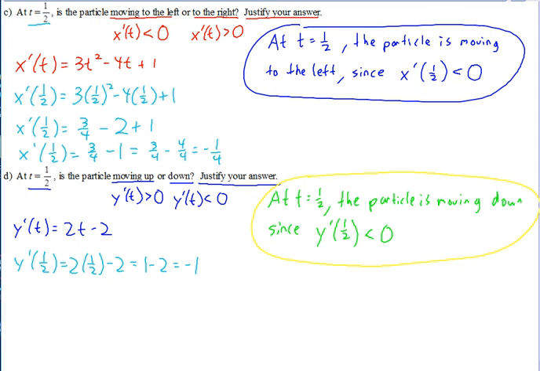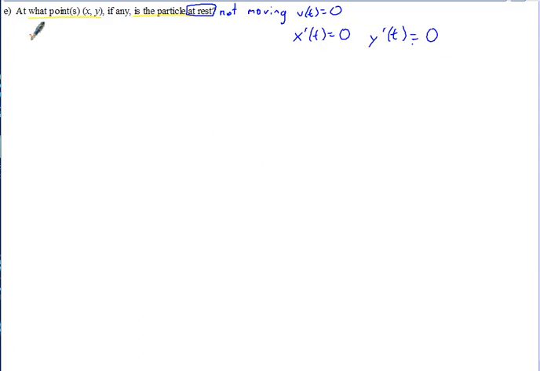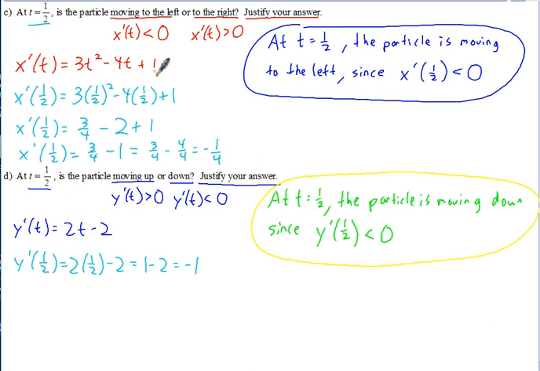So if we set this first one, x prime of t, equal to 0, we have 3t squared minus 4t plus 1.